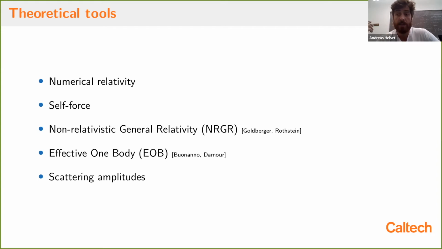The ideas behind this formalism are very philosophically related to the ideas that I will be discussing later on. Namely, they come from heavy quark effective theory or non-relativistic QCD, just applied to gravity instead.